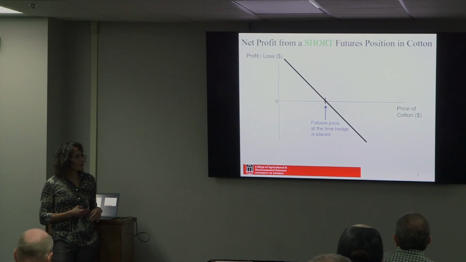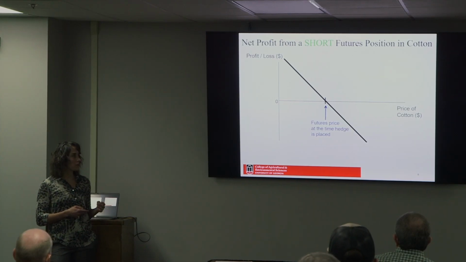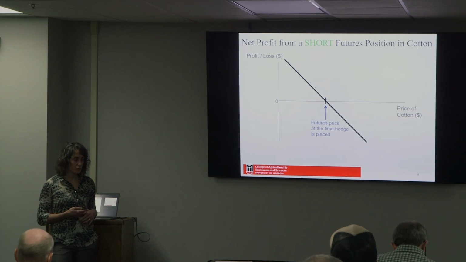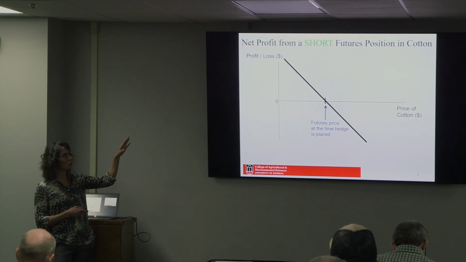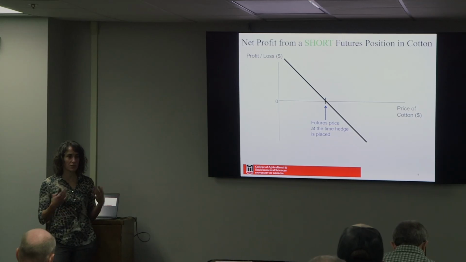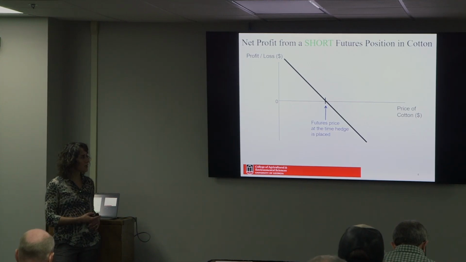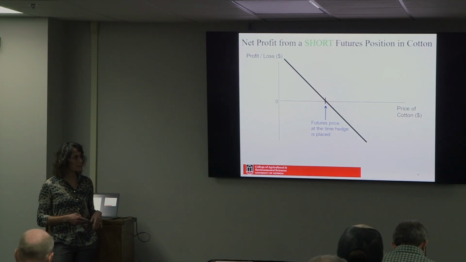So this is a graph to show possible profit and loss from using the futures contract for hedging, and for the short position, because I'm focusing here on the producers' perspective. So if this is the futures price at the time the hedge is placed, when we are closing our hedging position, we take the opposite, we take a long position.